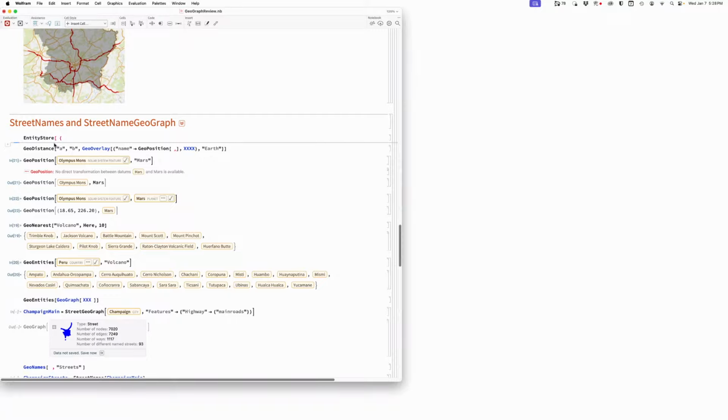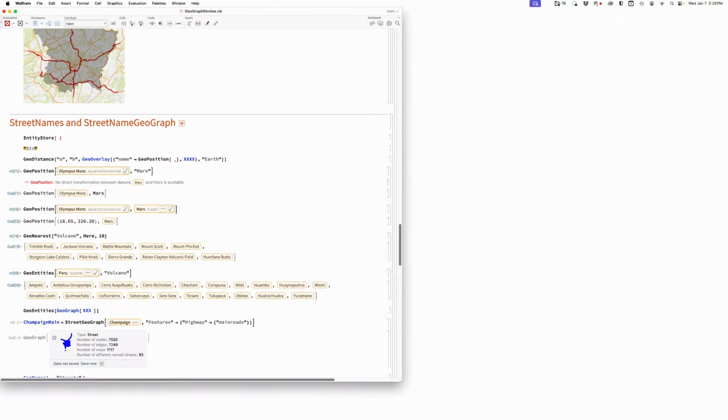But the basic idea would be that the entity store contains entities with certain properties that determine how they will be accessed by geoposition, by geonearest, etc. Does this make sense? For example, the entities will contain, are they a street? Are they a volcano?